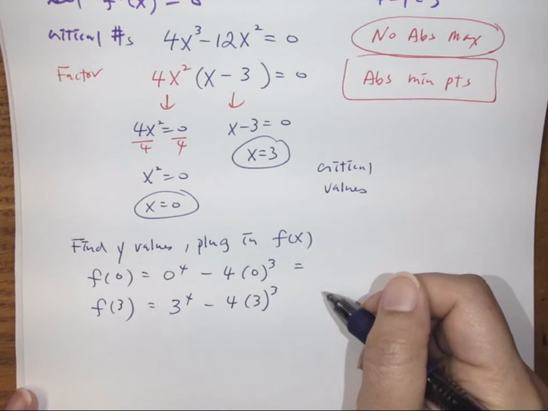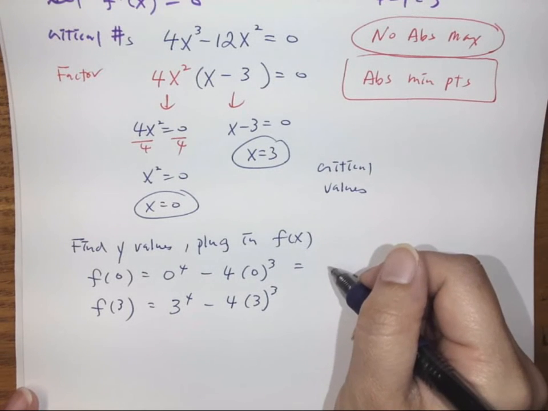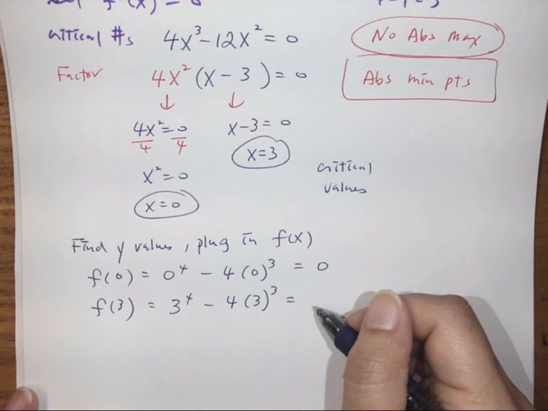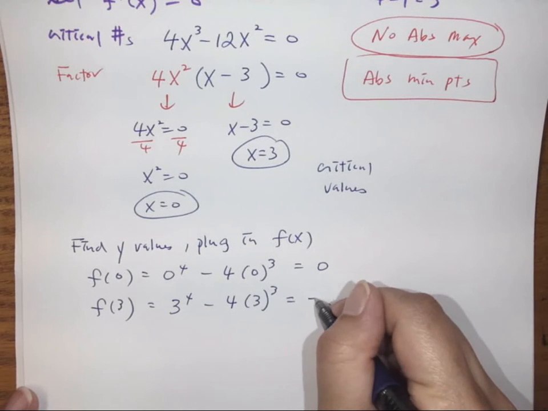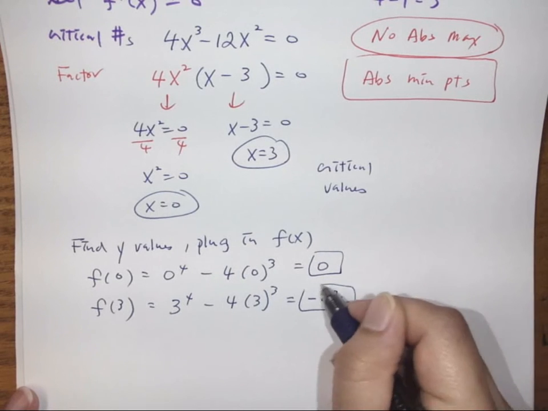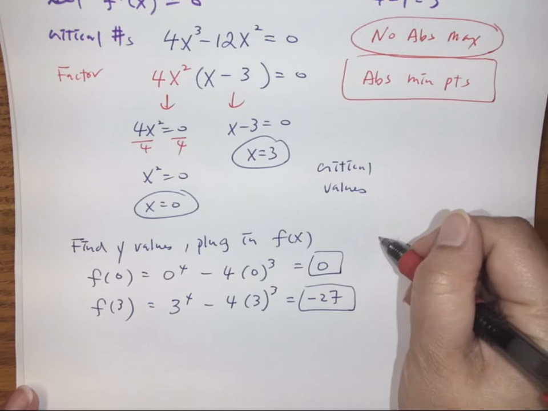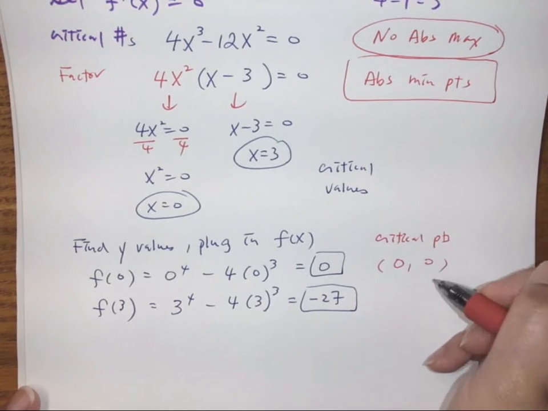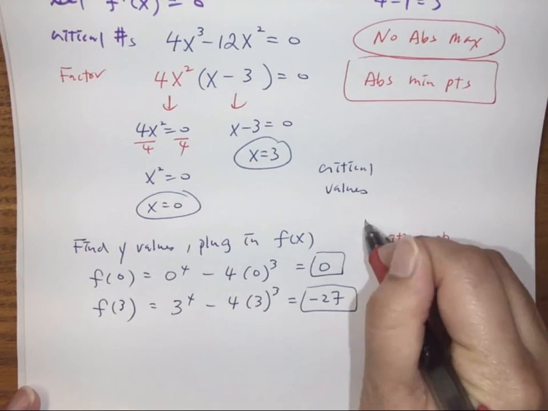So the first one is just 0. The second one is negative 27, is that right? I think it is. Okay. So the critical points are going to be 0, 0, and the other one is 3, negative 27.